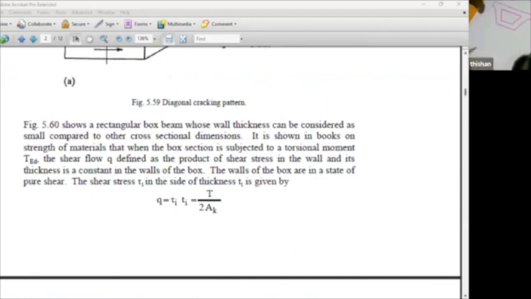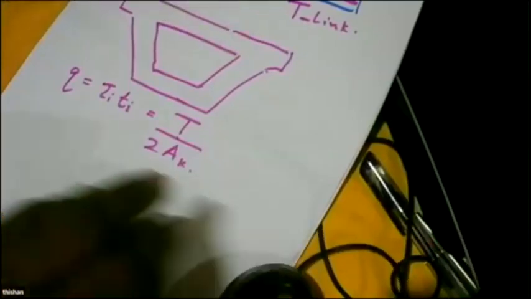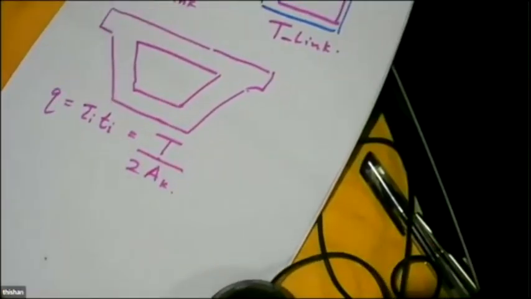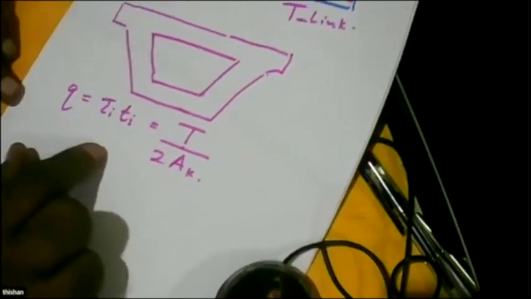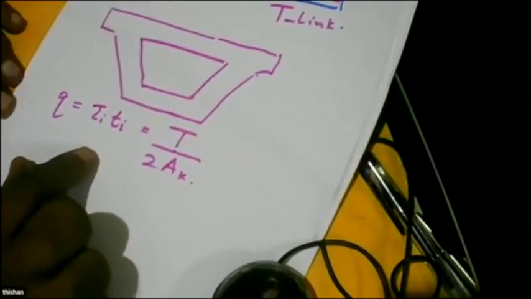I'm just drawing the diagram just to get the information. q is equal to tau_i t_i, equal to T over 2A_k. Okay, so I'll stop sharing. So that particular equation you have seen just before, the same equation I have written here, is applicable.